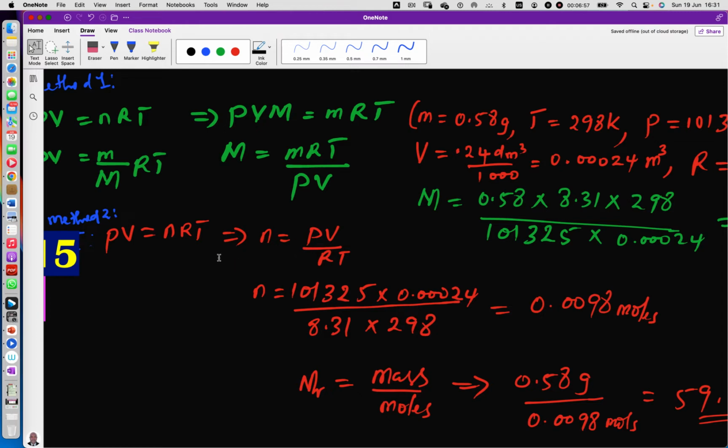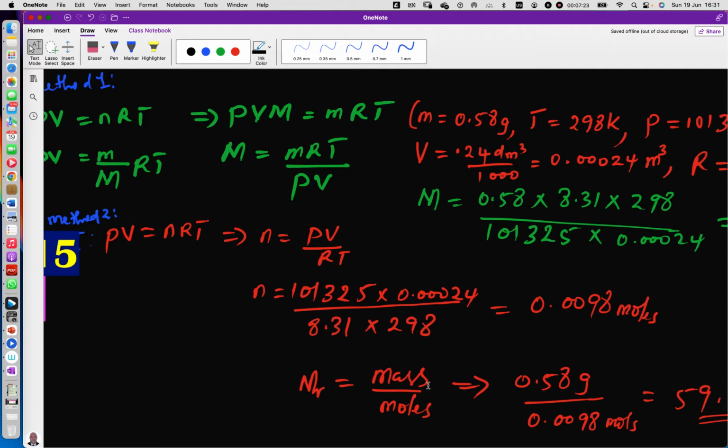The number of moles will just be equal to PV divided by RT. When we look for the number of moles using these converted values, we will have 0.0098 moles. Remember that the molar mass is always equal to the mass divided by the number of moles.